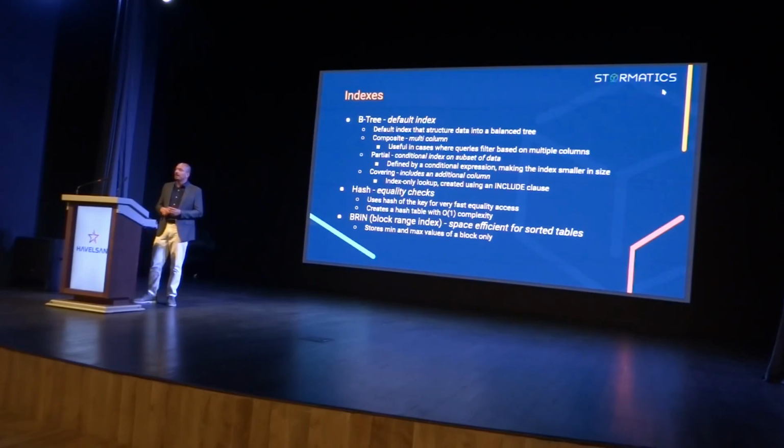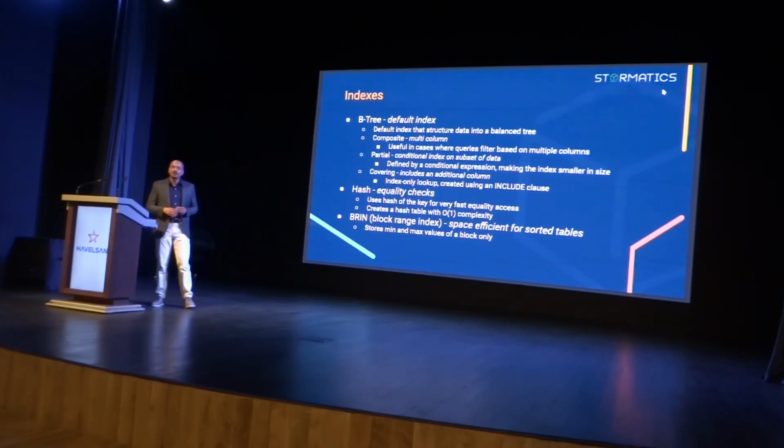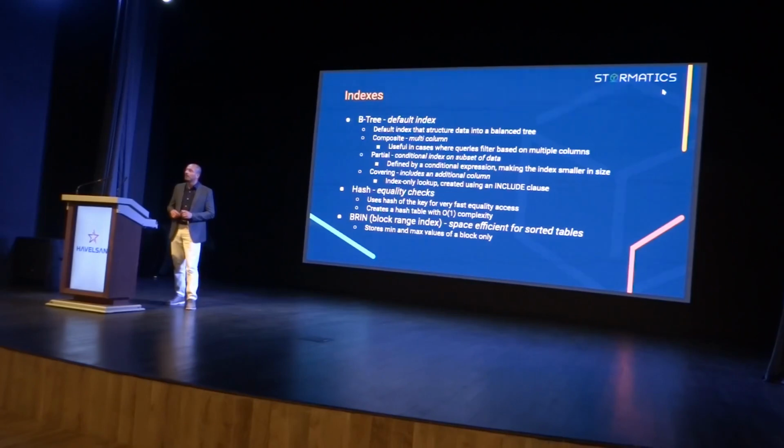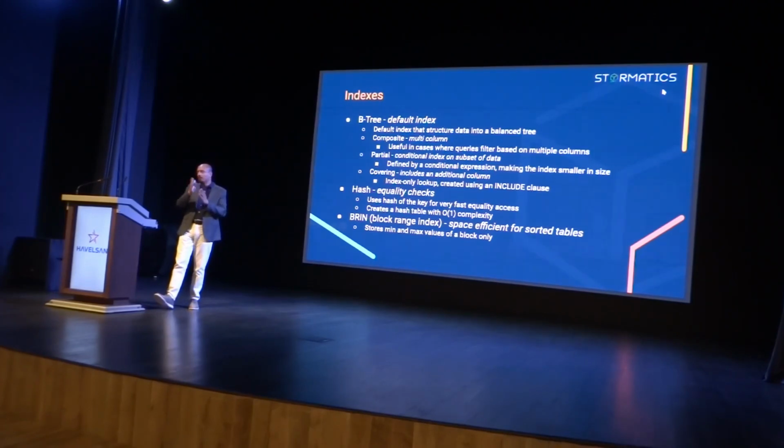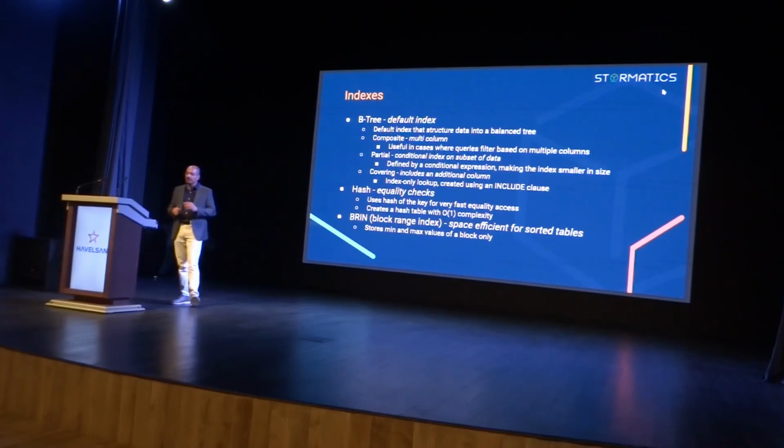BRIN indexes are another very specialized type of index. Instead of storing the entire data, if the data is spanning over multiple blocks of storage, for a particular block it stores only the starting and the ending value.